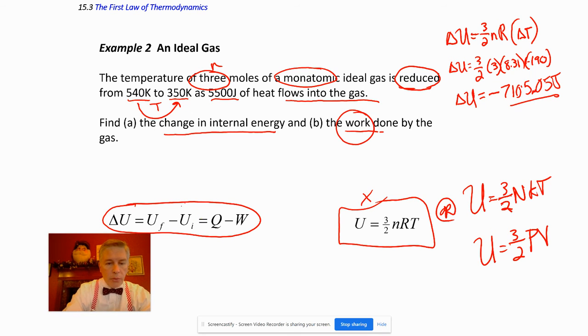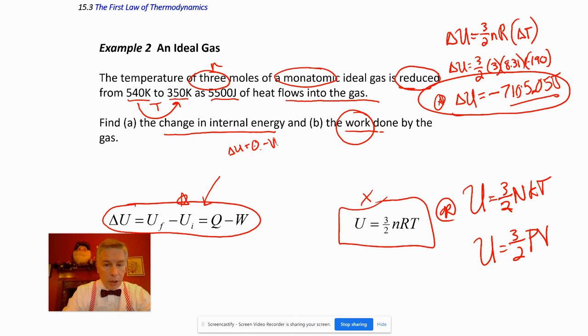So now we want to figure out the work. This is part A. Now we're going to apply the first law, but I'm going to rearrange it to solve for work. We know that change in internal energy equals Q minus W. So W equals Q minus your change in internal energy.